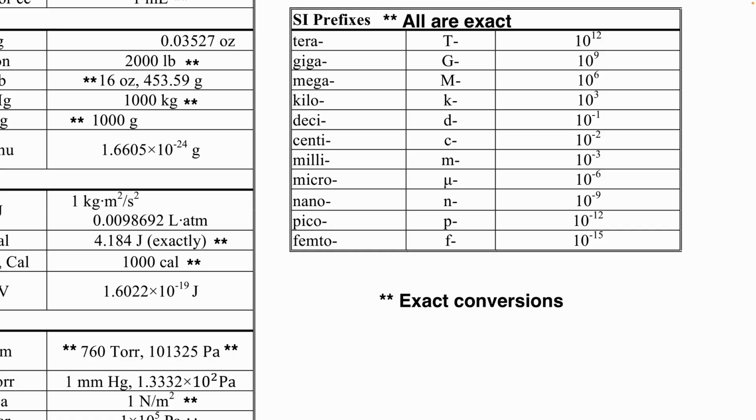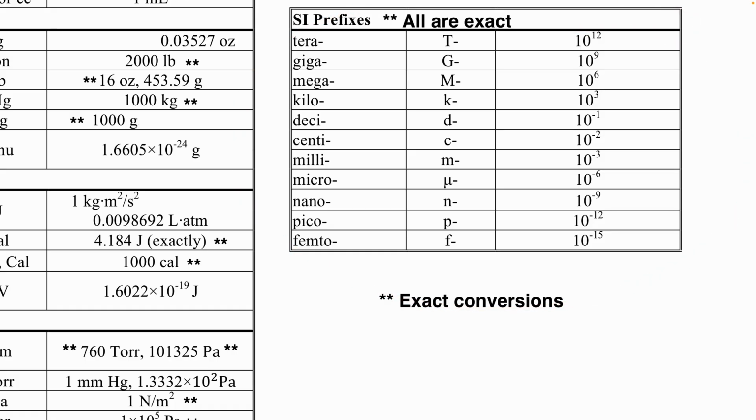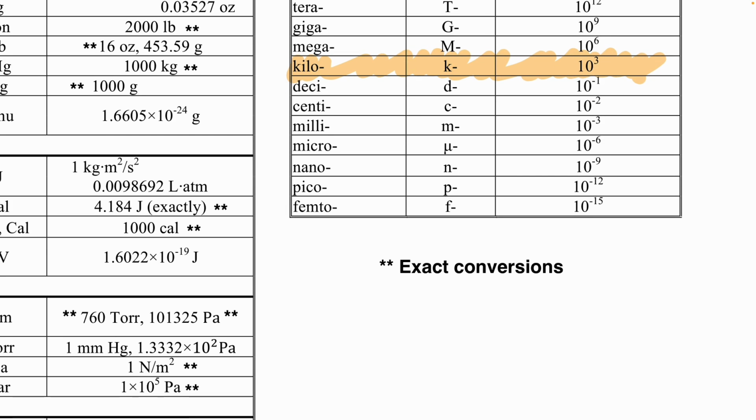So what we're going to do is we're going to take this right here, and we're going to build what we call a conversion factor, something that's going to help us convert from one set of units to the other, okay? So let's take that kilo entry here. All right, how do I put this information into a conversion factor?